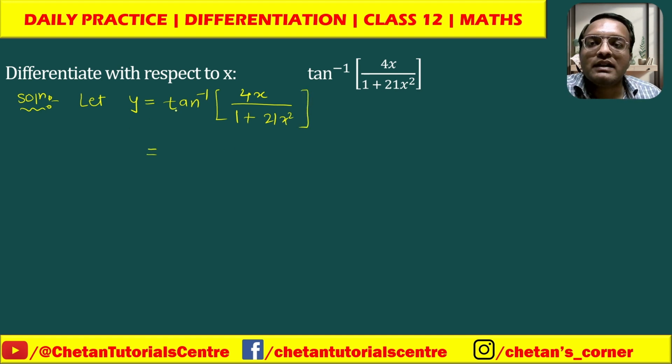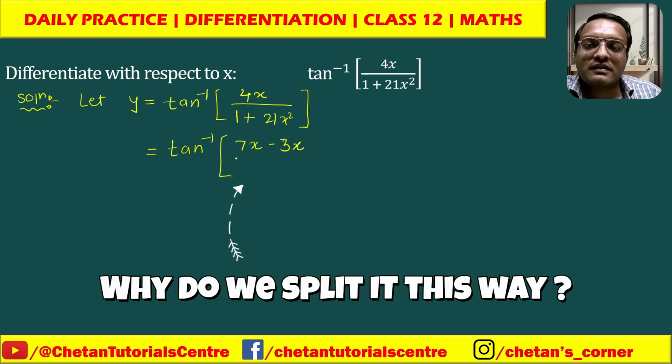Now how to simplify this entire function? Let's see. Tan inverse. Now I will write this 4x in this way: 7x minus 3x, divided by 1 plus.